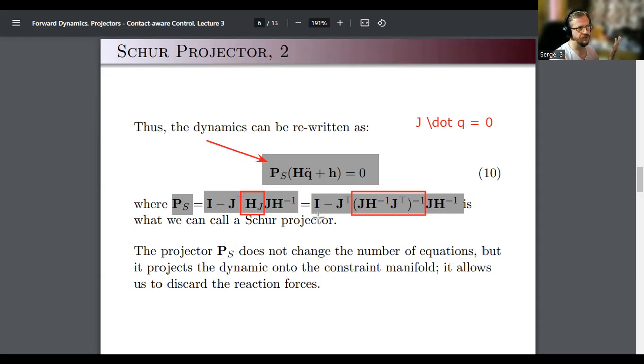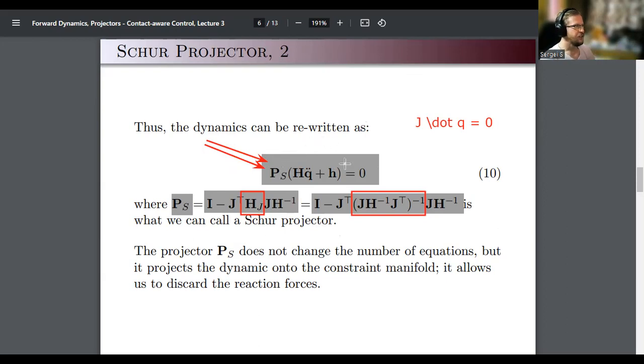If input is full rank, so the input can be an arbitrary Rn vector, then your accelerations will also be an arbitrary Rn vector. Here is a different story. Here your accelerations will live on the space of solutions of the constraint equation. And this dynamics here would perfectly describe it without the use of reaction forces. So without reaction forces, it would still stay on the manifold, right?